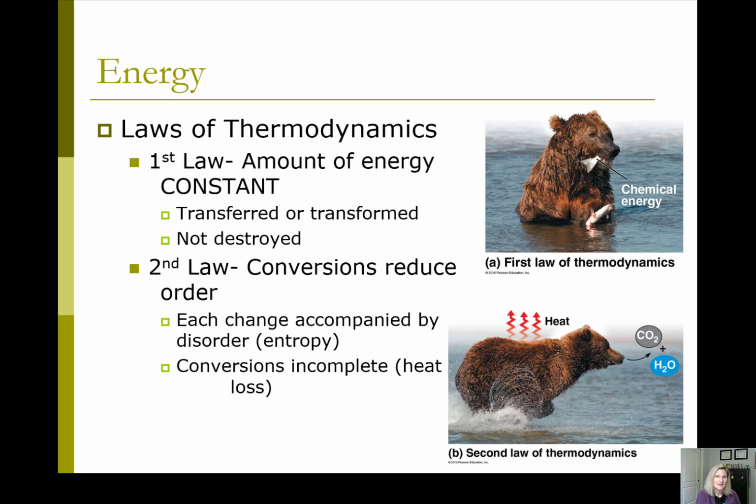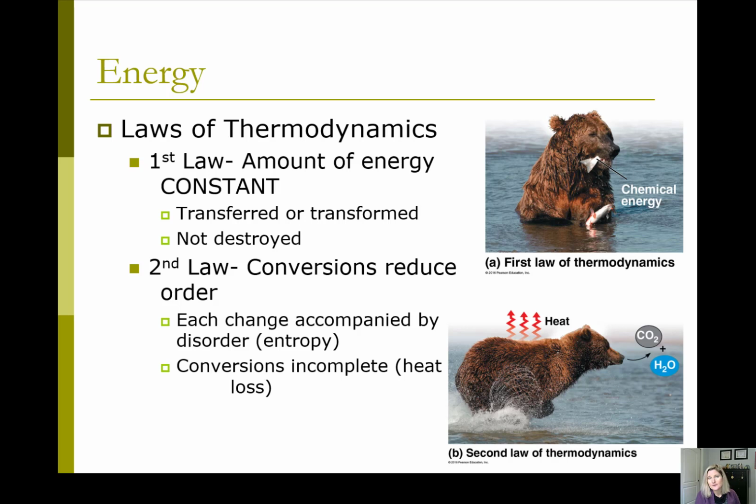He's using the energy that was stored in the fish, in the proteins and the lipids and the carbs of the fish. So that nutrient energy is a form of energy, chemical energy, and he's going to convert it into cellular energy. So the energy is not increasing or decreasing. It's not being created nor destroyed. It's just changing from one form, chemical energy, to another form, cellular energy.